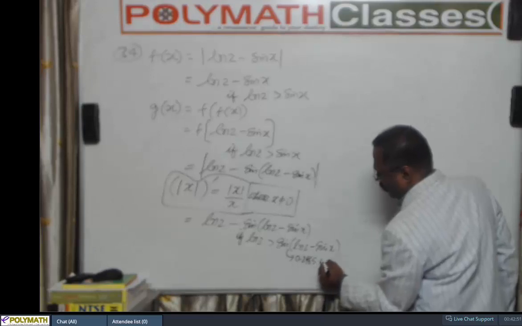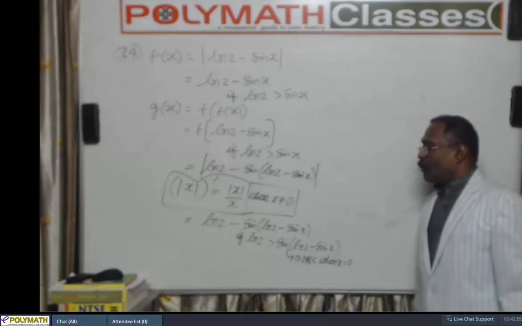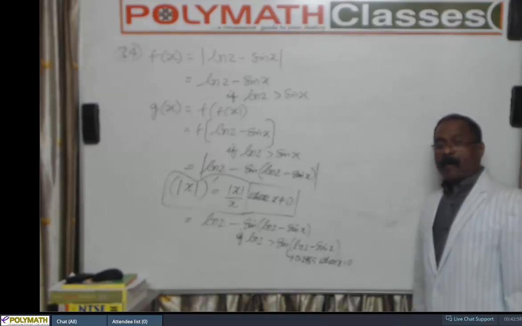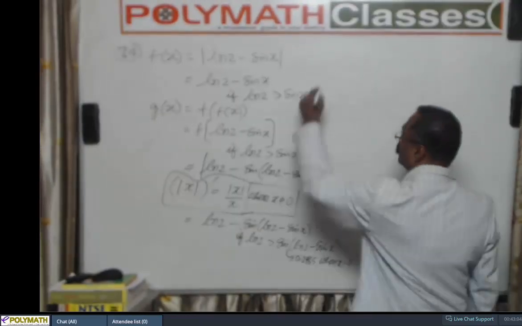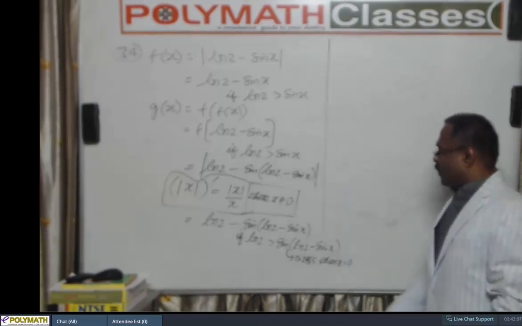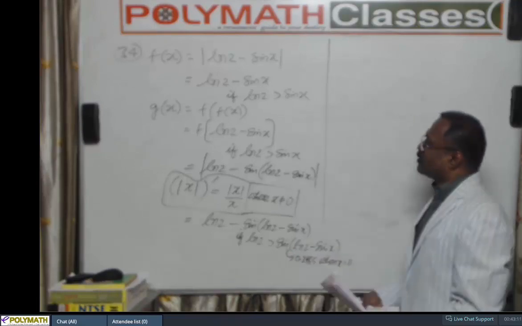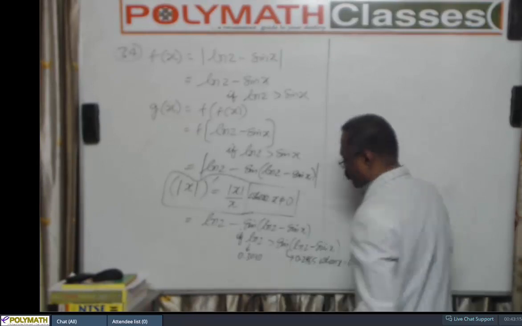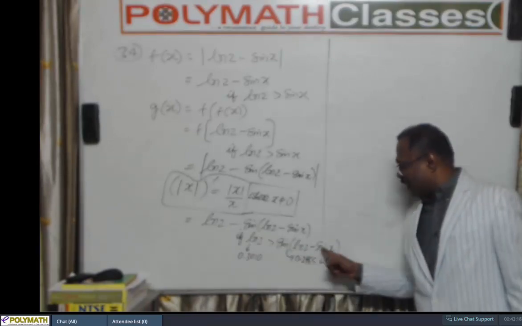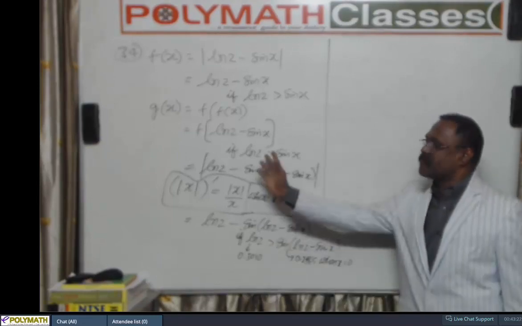Now we have to find g dash x, because we want g dash 0. So when x equals 0, sine of ln2 is 0.2965, while ln2 is 0.3010, as I just mentioned. So ln2 is always greater than this when x equals 0. That's why I remove the modulus comfortably.